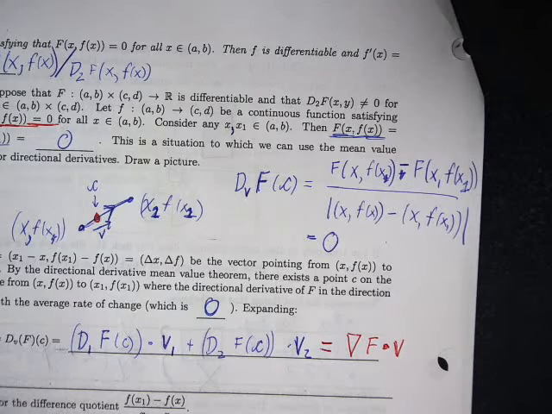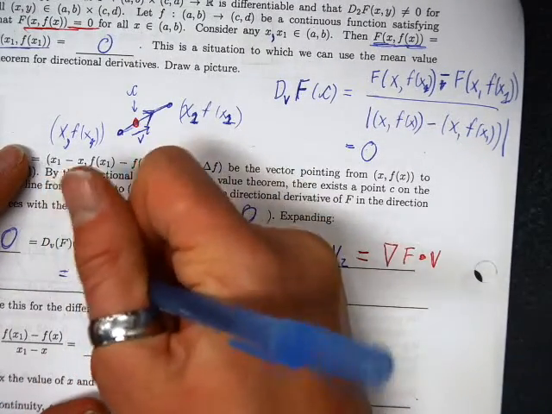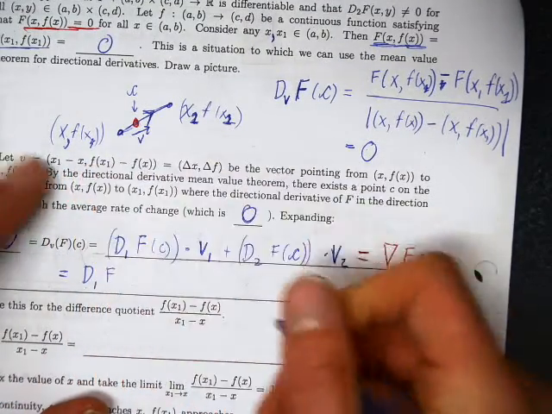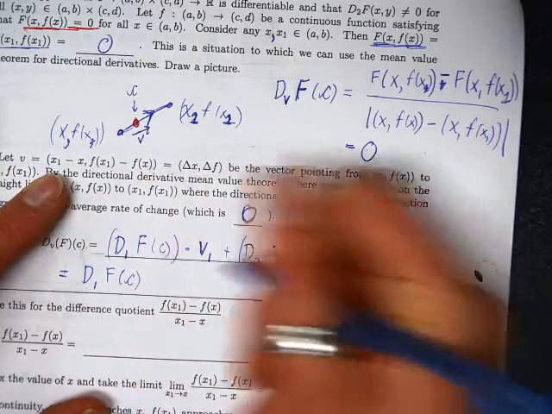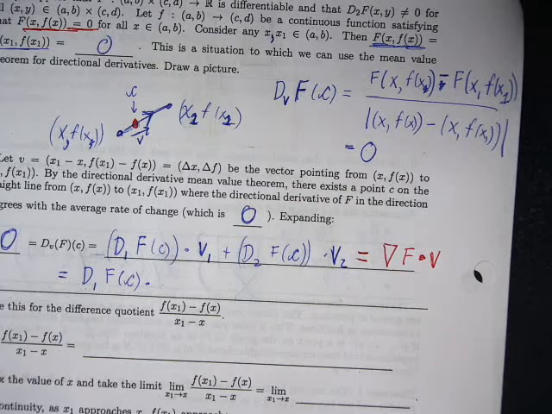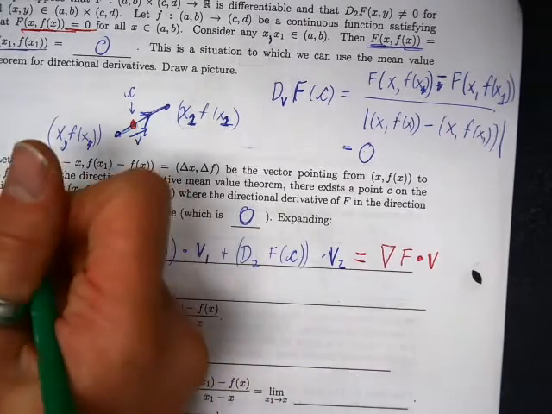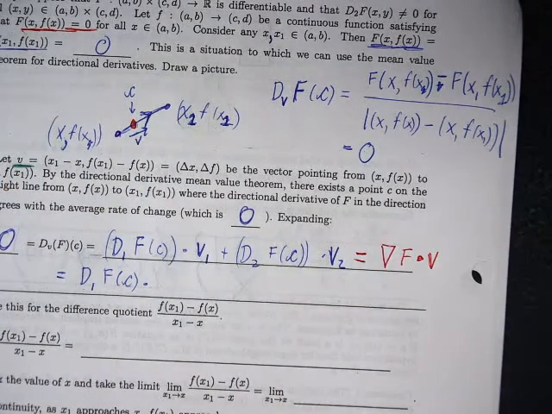Well, let's see. So that will be d1 big F at C times, what is v1? There's the definition of v there.